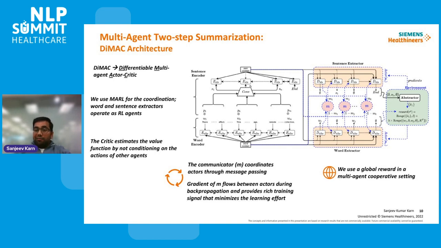Additionally, we have this global reward, where the selected sentences at the end and the selected keywords are both compared against the ground truth impression and the heuristically obtained finding keywords.